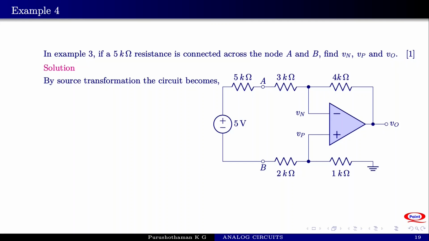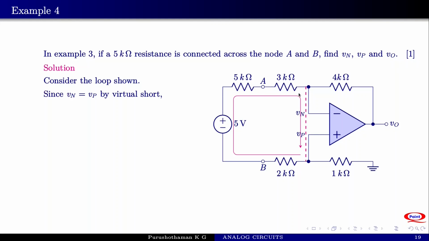Now, consider this loop. The loop consisting of 2 kilo ohm resistance, the 5 volt source, 5 kilo ohm resistance, 3 kilo ohm resistance, Vn and Vp. Since there is a virtual short between Vn and Vp, this point and this point are at the same potential.